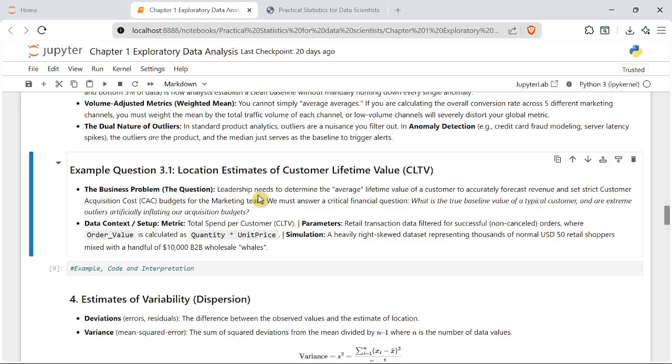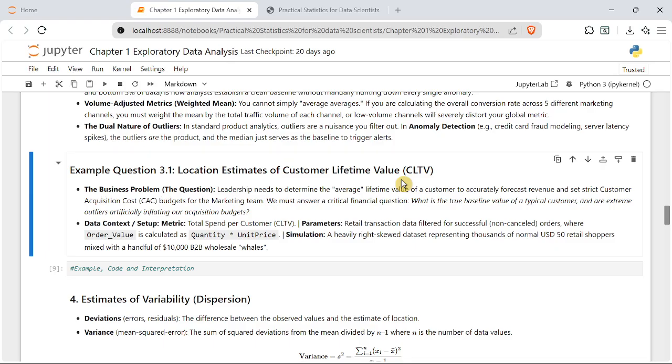We must answer a critical financial question. What is the true baseline value of a typical customer? And are extreme outliers artificially inflating our acquisition budgets? So, leadership often asks us a very simple question: what is the average lifetime value of our customer? They need this number to set strict customer acquisition cost, or CAC, budgets for the marketing team.